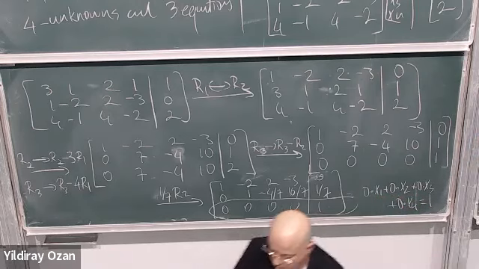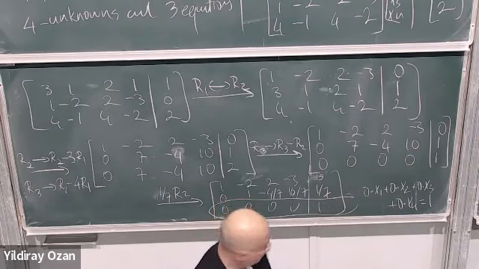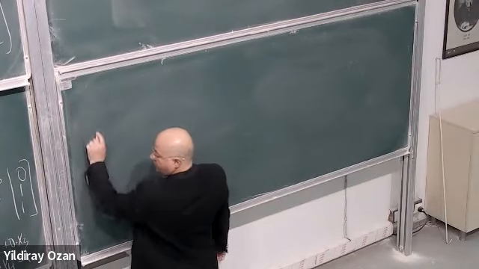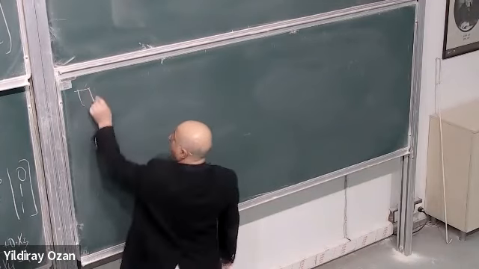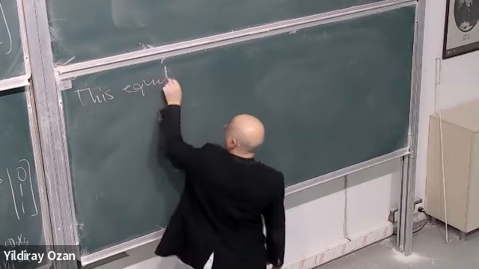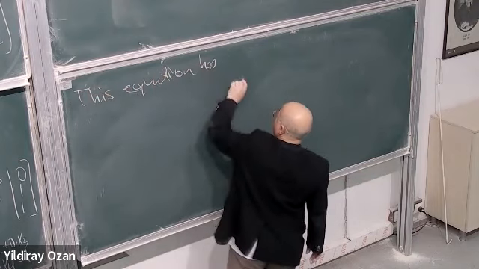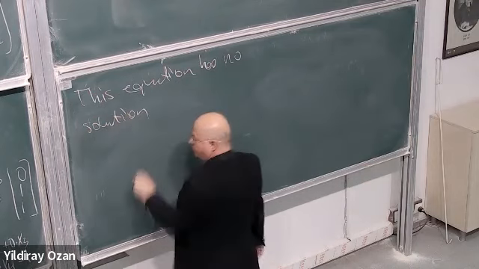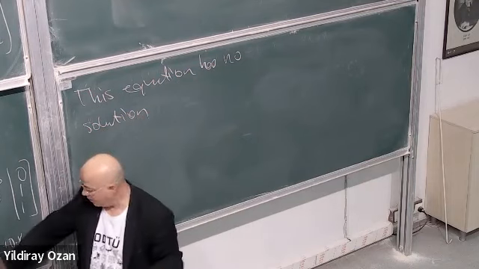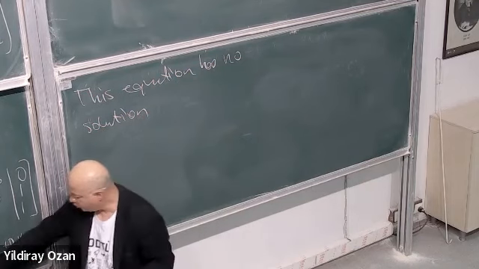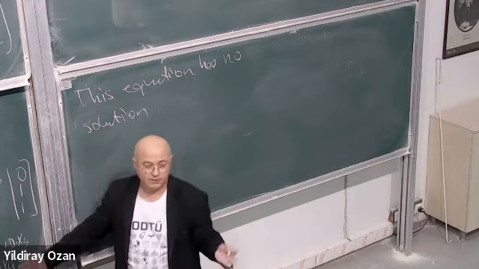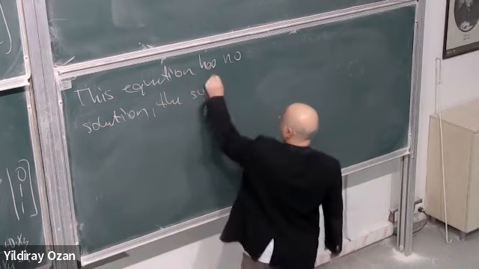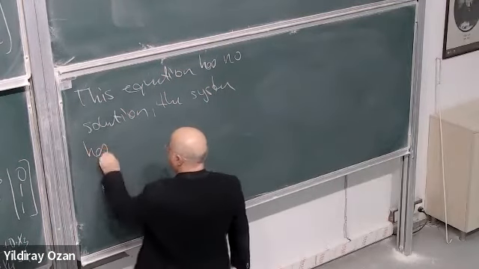So, this equation has no solution, right? Because no matter what xi's are, 0 times these xi's is equal to 1. That's not possible. So the system has no solution.